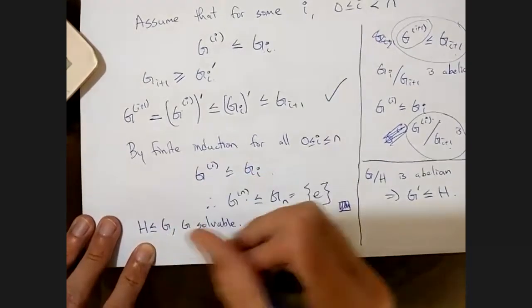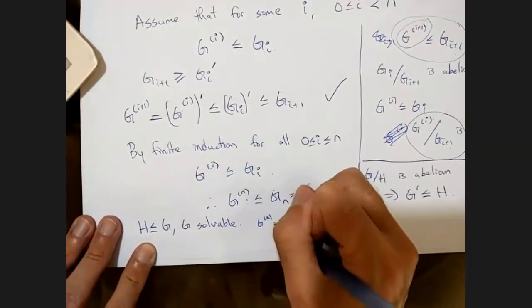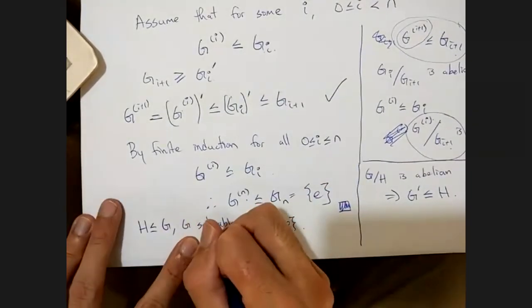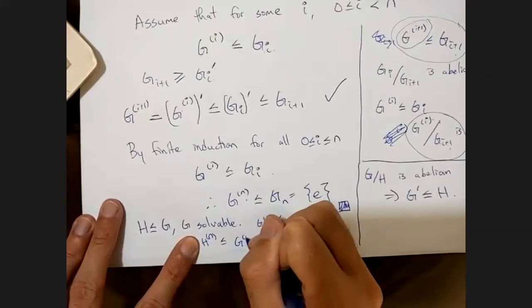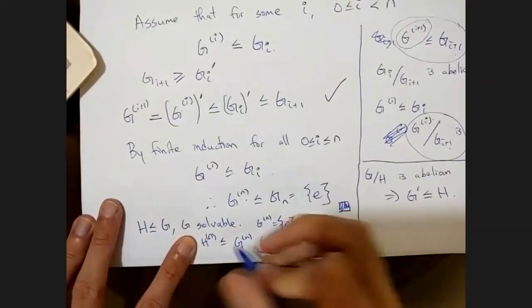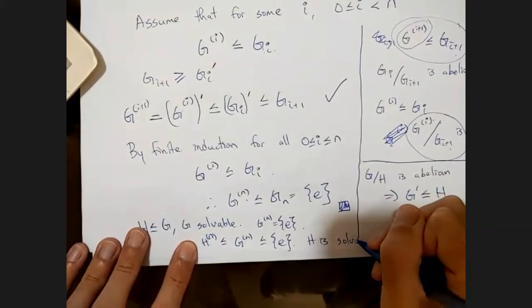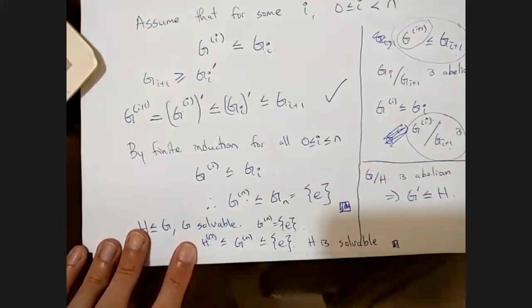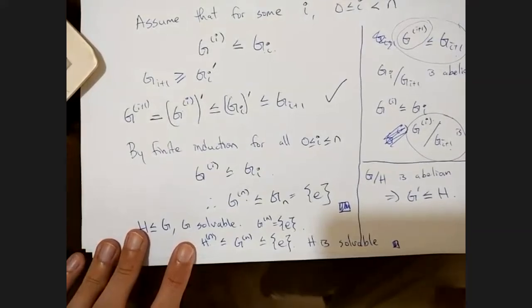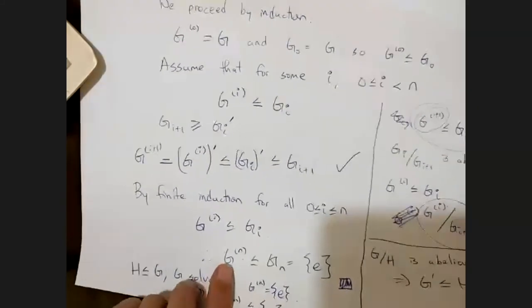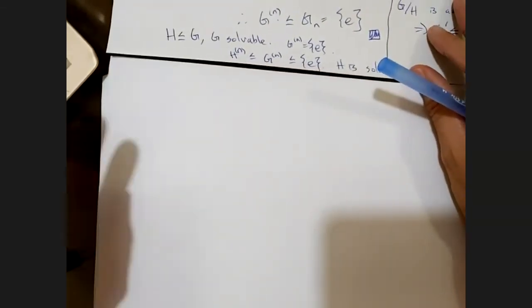Now what we just showed implies that the nth commutator of G is trivial, but the nth commutator of H is going to be contained in the nth commutator of G. So the nth commutator of H is trivial, so H is solvable. So if you have a solvable group, any subgroup of it is solvable.